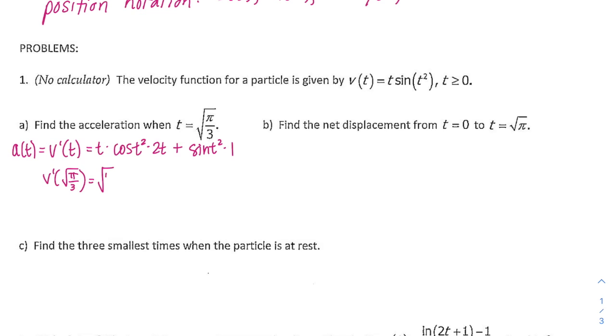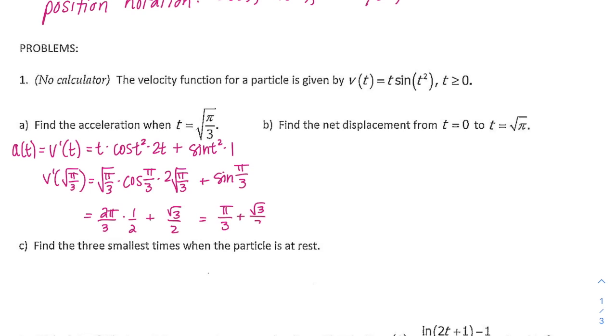So that gives me radical pi over 3 times cosine pi over 3 times 2 radical pi over 3 plus sine pi over 3, which is 2 pi over 3 times cosine of pi over 3. Pi over 3 is 60, so cosine of 60 is 1/2. Plus, if cosine pi over 3 is 1/2, then sine pi over 3 is radical 3 over 2. And we get pi over 3 plus radical 3 over 2.